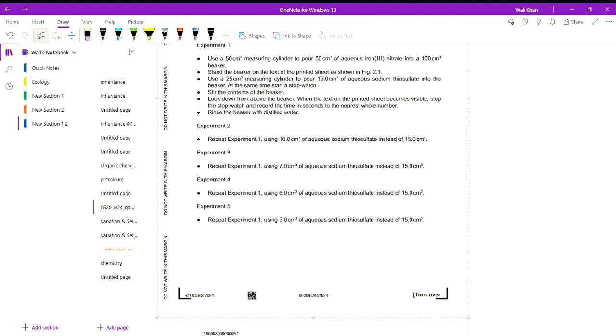Experiment 4. Repeat using 6.0 centimeter cube. Experiment 5. Repeat using 5 centimeter cube. Okay. So we repeat this experiment 5 times.